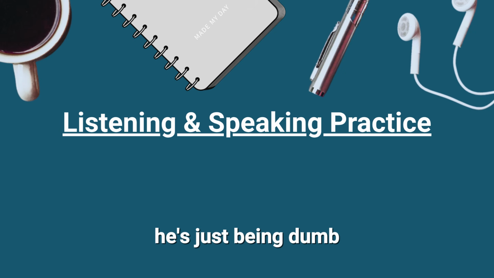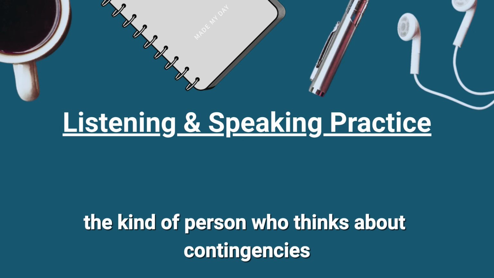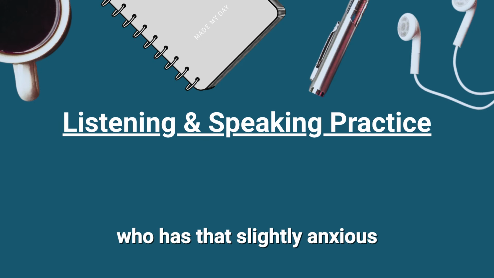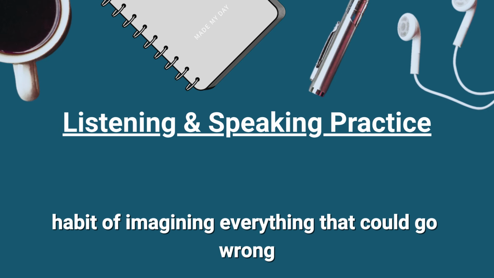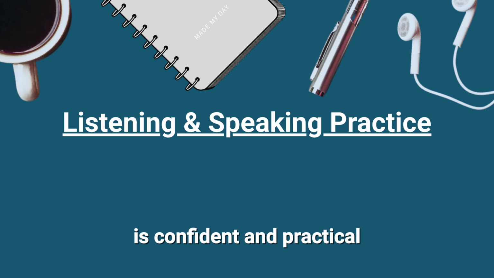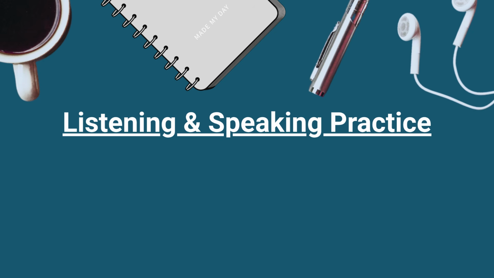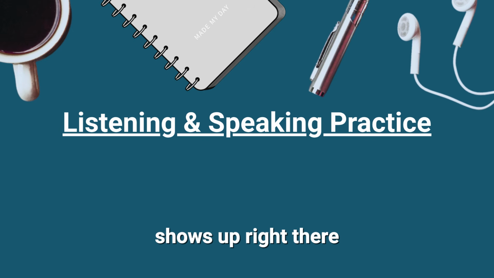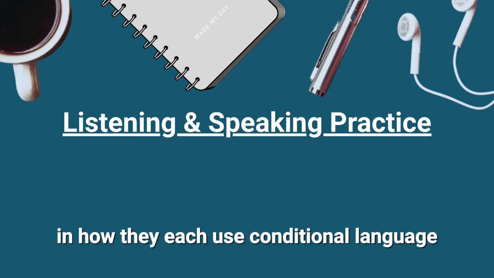He's just being Dom, the kind of person who thinks about contingencies, who has that slightly anxious but funny habit of imagining everything that could go wrong. And Cleo's answer, we'd call roadside assistance, is confident and practical. The contrast between their personalities shows up right there in how they each use conditional language.